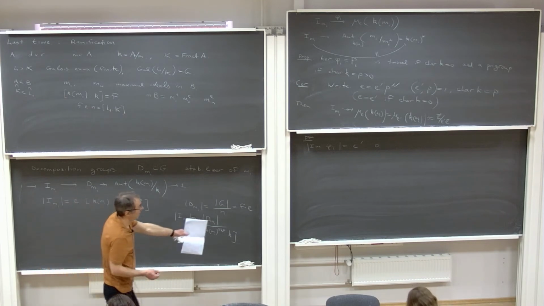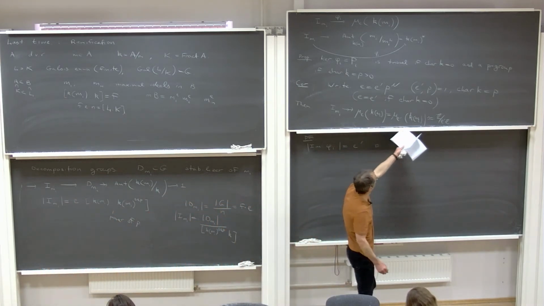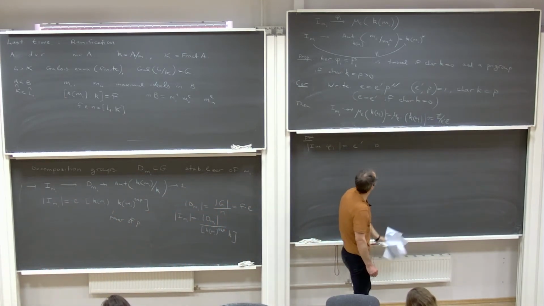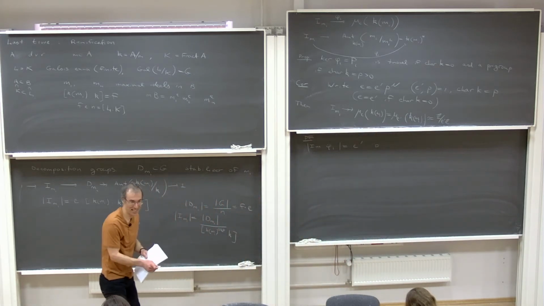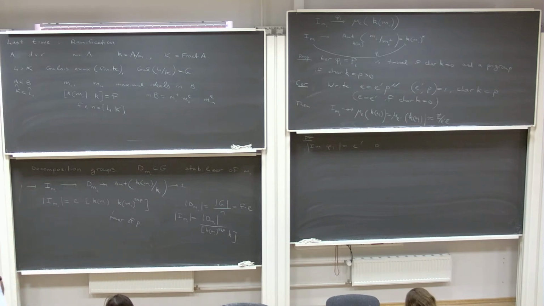And the fact that this is cyclic is a general property of fields: any finite subgroup of the multiplicative group is cyclic. Good.